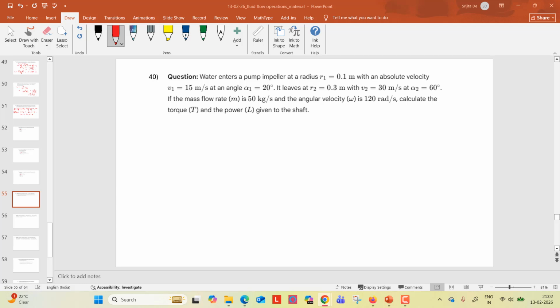So, identify the torque equation. The torque equation from the lecture note we know is T equals m into r2 v2 cos alpha 2 minus r1 v1 cos alpha 1.